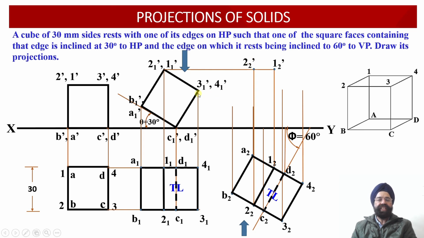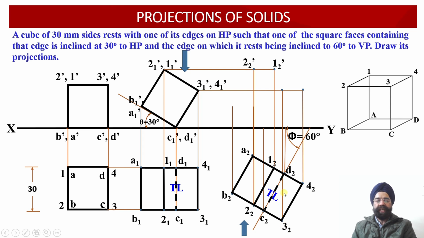Similarly, here we have got points 3, 1 dash and 4, 1 dash. Once we draw a horizontal projector line through these 2 points, let us evaluate their points of intersection with vertical projector lines drawn through the points 3, 2 and 4, 2.